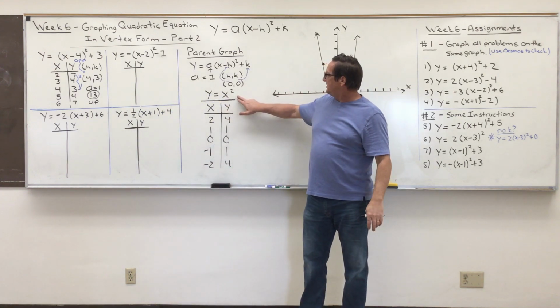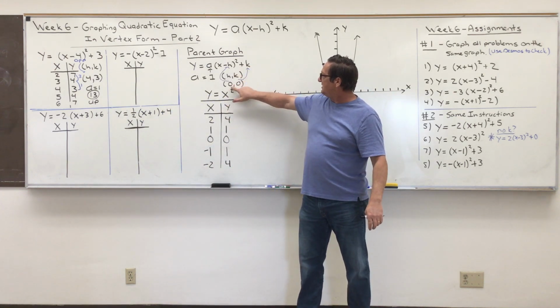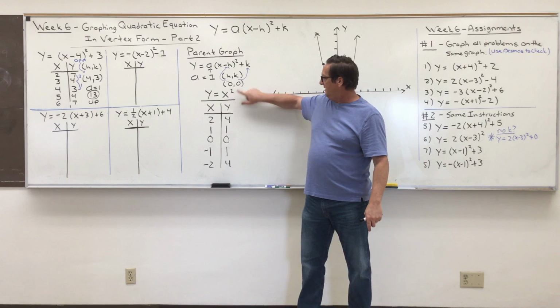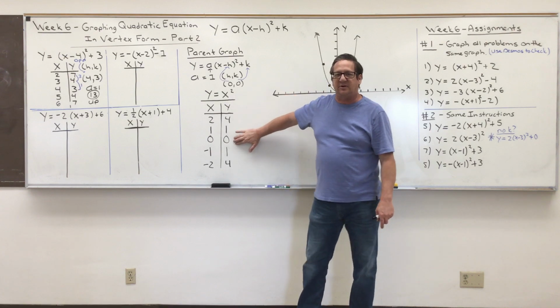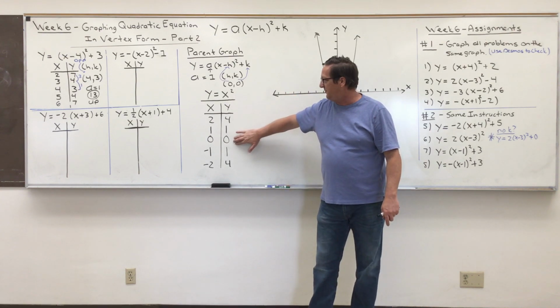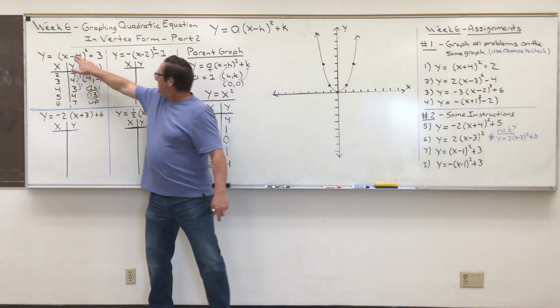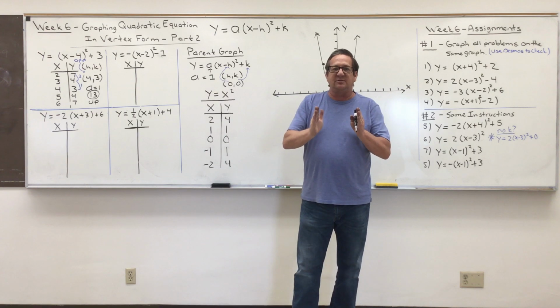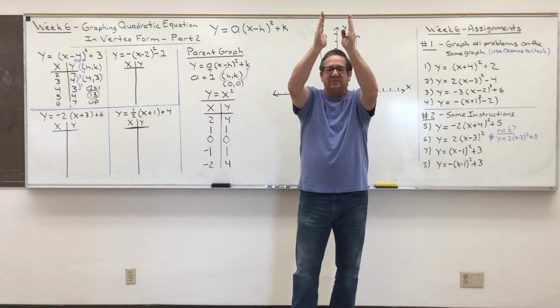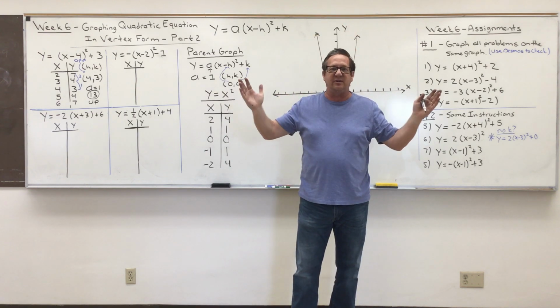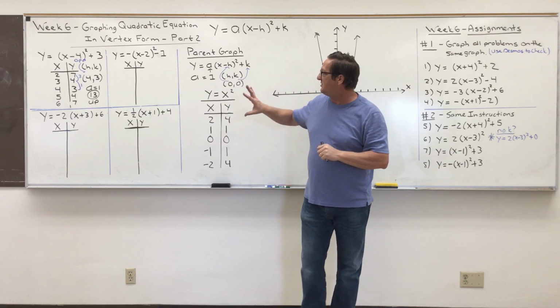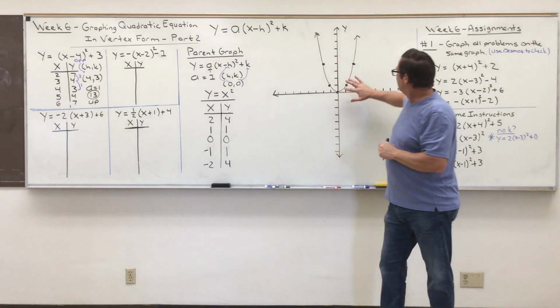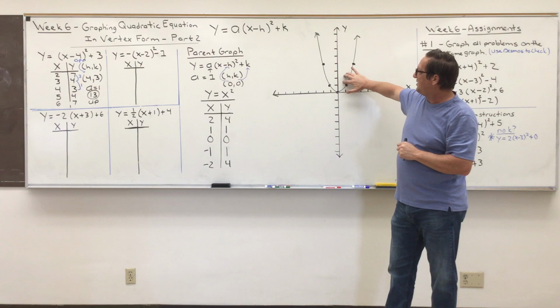So this is y equals x squared, which means h was 0 and k was 0. That's why we're at the center of our coordinate axis right there. These values is what moves it. And the a value is what either makes it tighter, a vertical stretch, or makes it wider. And so these are the things we're paying attention to. So here is our parent graph, y equals x squared.